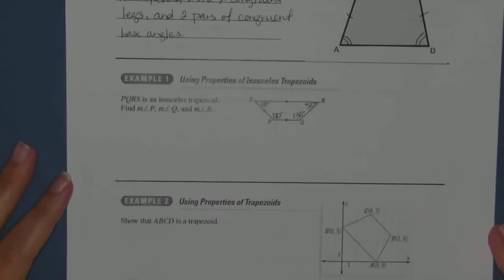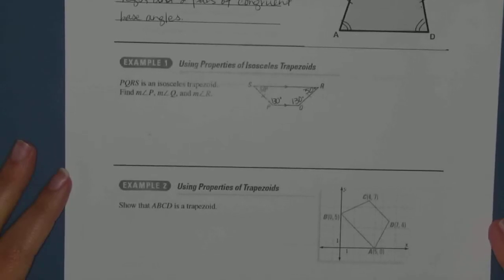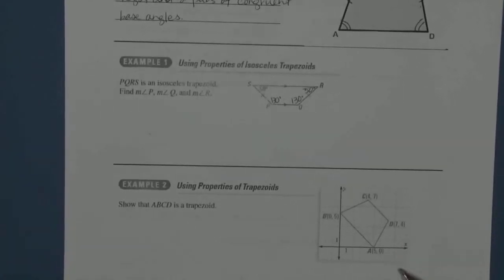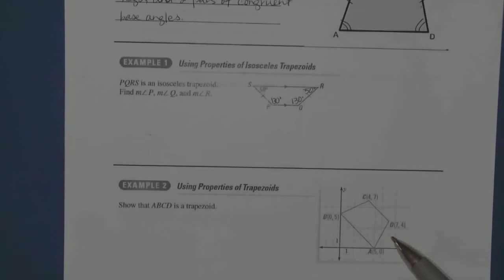Okay, second example. It says show that this is a trapezoid. And you will notice this trapezoid is imposed here on the coordinate plane. So a little bit of algebra. So if you're thinking, okay, how can I prove that that's a trapezoid? Well, if you go back to what we know about trapezoids, it's a quadrilateral with one pair of parallel sides. And if I want to show that two lines are parallel, what can I use to prove that?